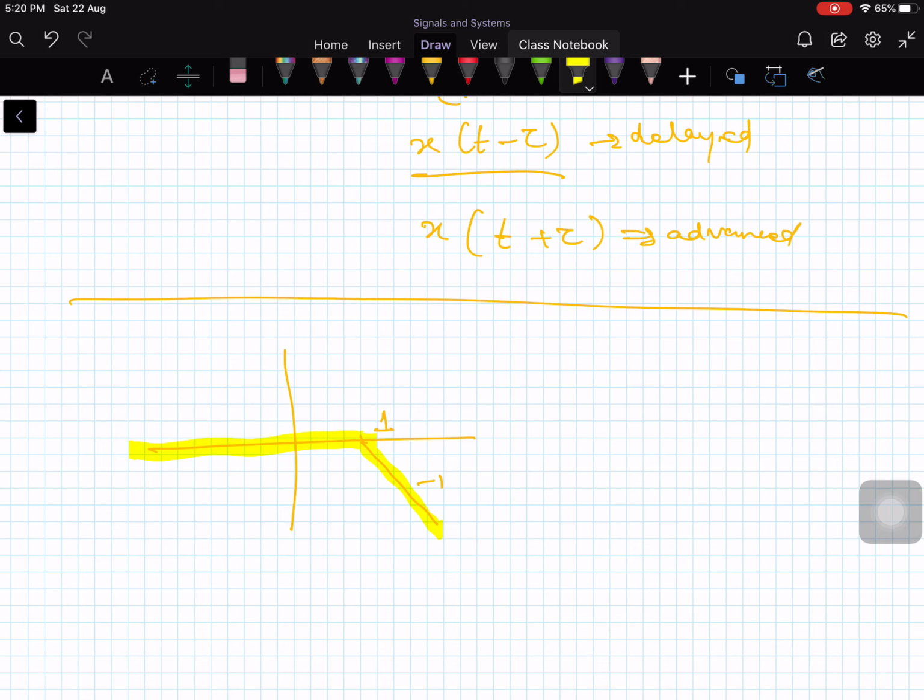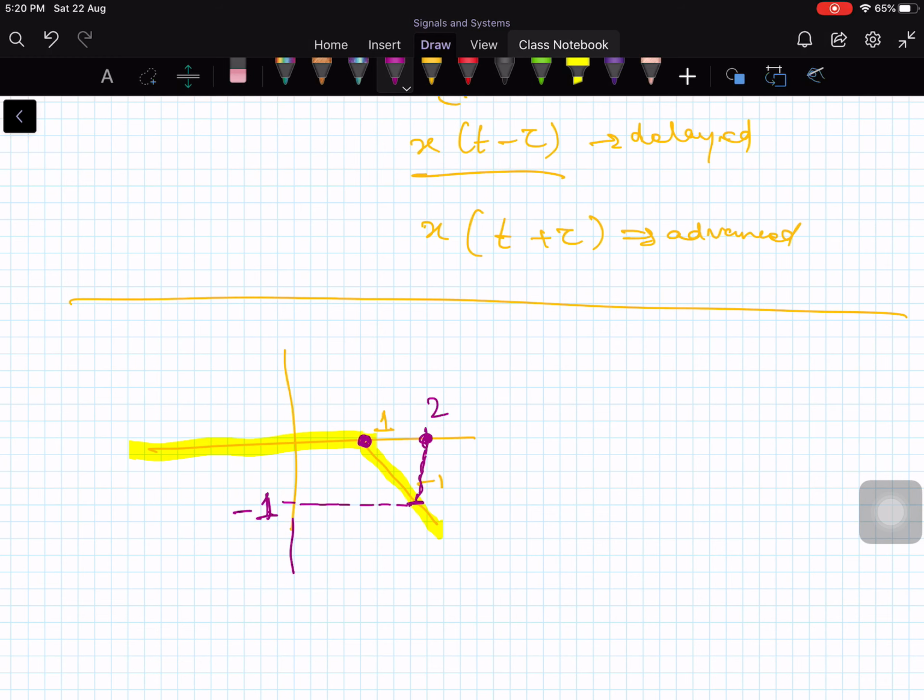So therefore at t equals 2, this point is 1, because the slope of the signal is 1. Therefore at 1 its value is 0, at 2 its value is 1, and it is not plus 1, it is minus 1.